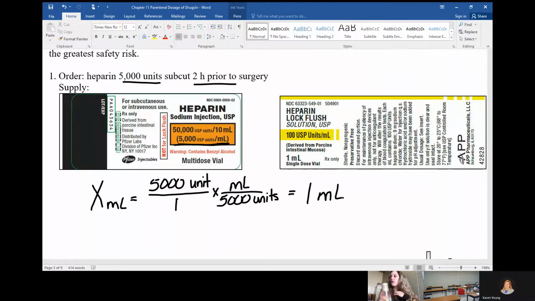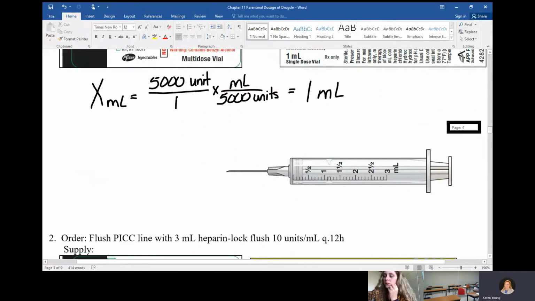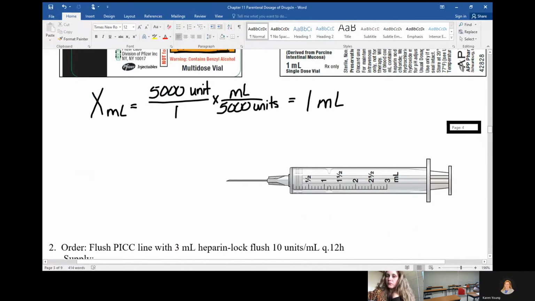So questions? So I can give it in a 3 milliliter syringe, right? Yes. Technically, I could give it in a 1 milliliter syringe because it's 1 milliliter.